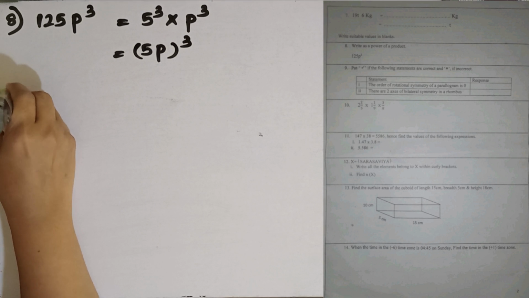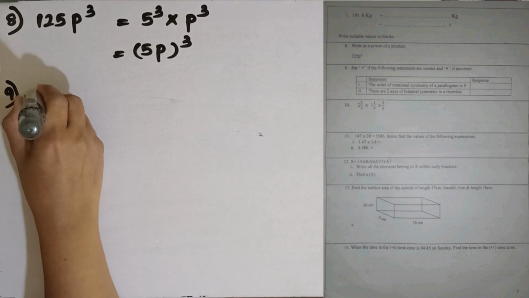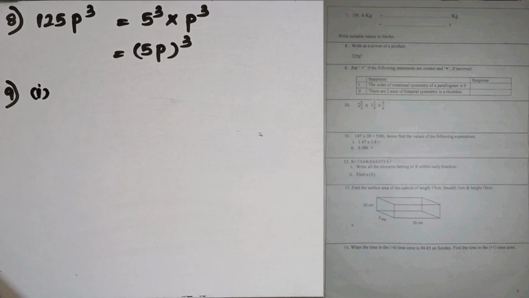Question number 9. Put a tick in the following statements if they are correct and a cross if incorrect. The first one: the order of rotational symmetry of a parallelogram is 0. Wrong.